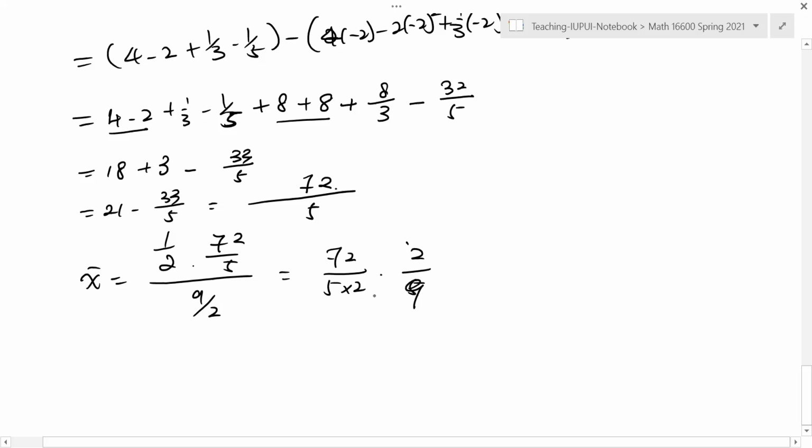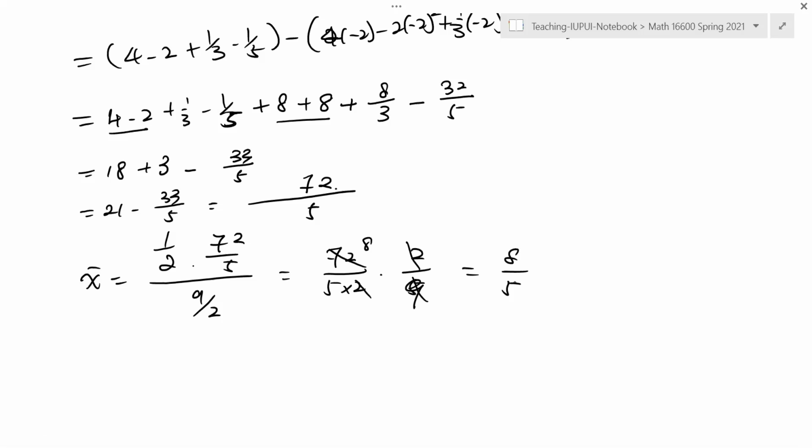So cancel, right? 72 divided by 9, 8. So 8/5. Okay, so that is x bar.